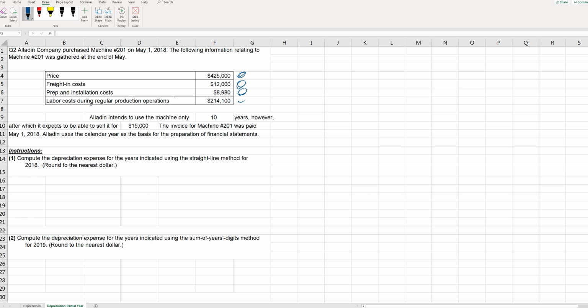The key words here are regular production, which means the machine is ready, and once it's ready, we cannot capitalize any cost into the cost of the machine. So when we calculate the cost of this machine, we add these three together, and it gives us the cost of this machine.